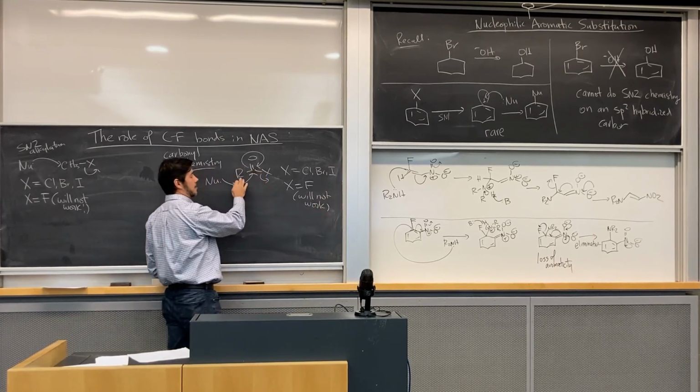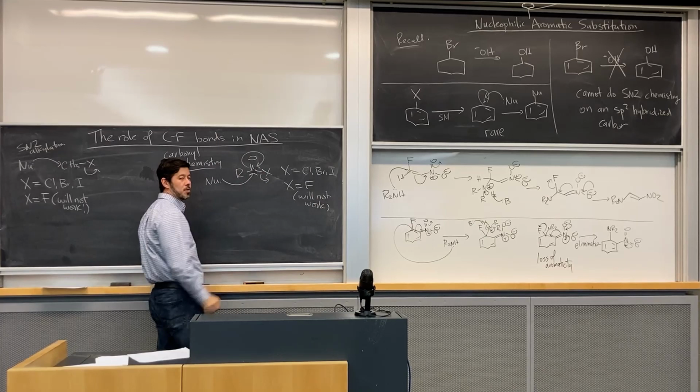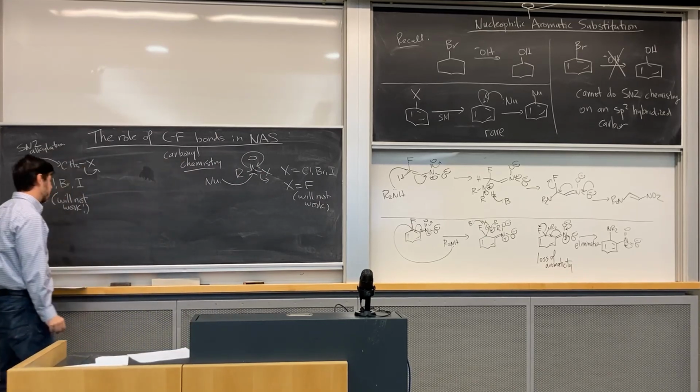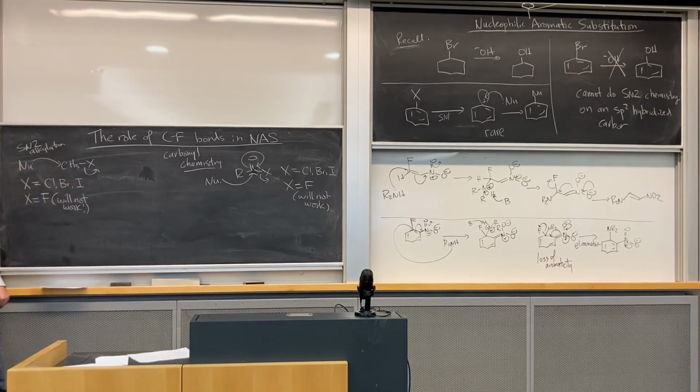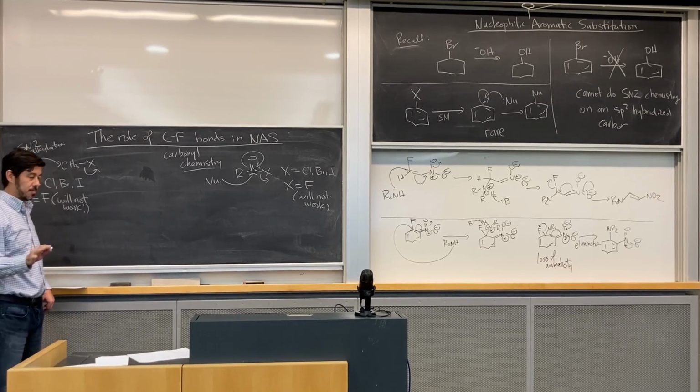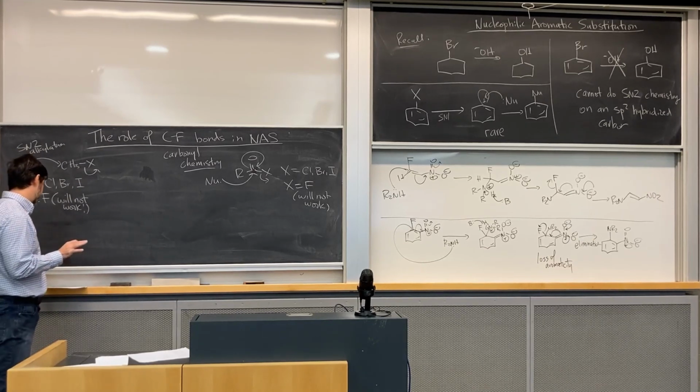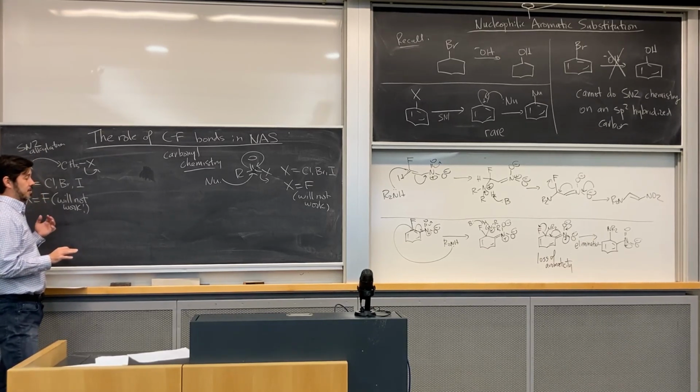You've never seen a ketone with a fluorine group attached to it. It's possible, but it's rarely used. So it's a very poor leaving group. Okay, so that's kind of interesting.